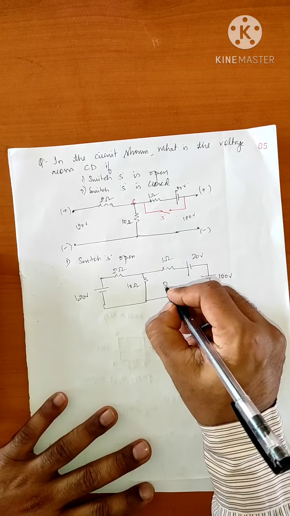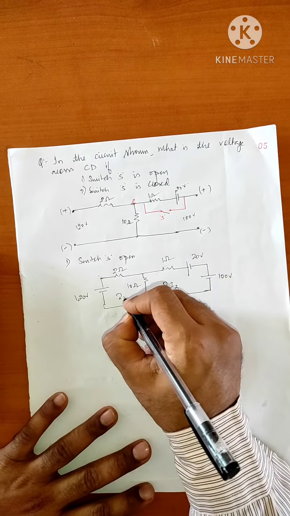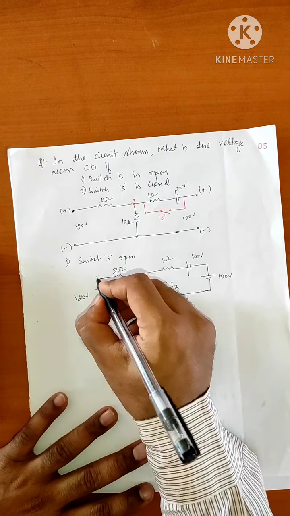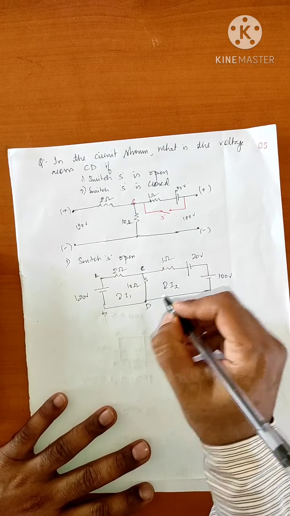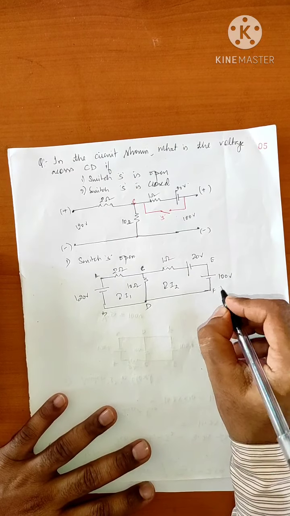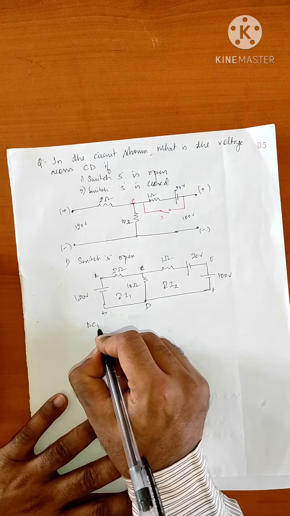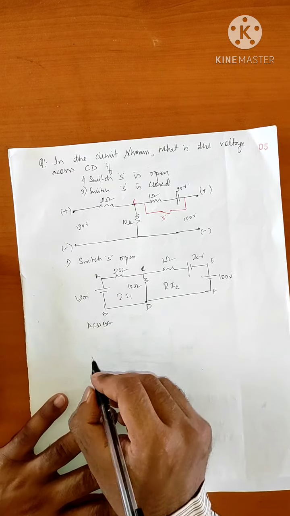So this is loop I2 and this is loop I1. Apply the loop now. This point is CD only now, this is EF. So A, C, D, B, A. Loop 1.